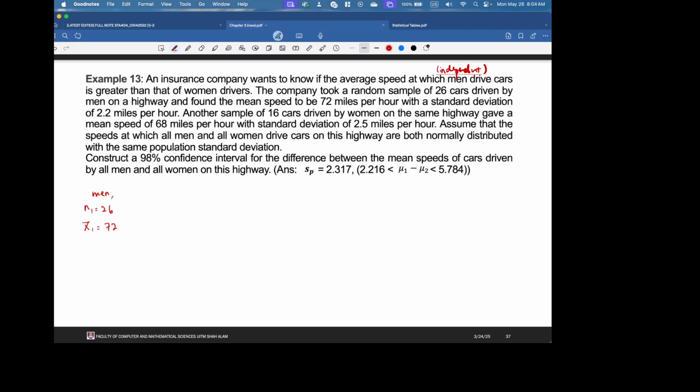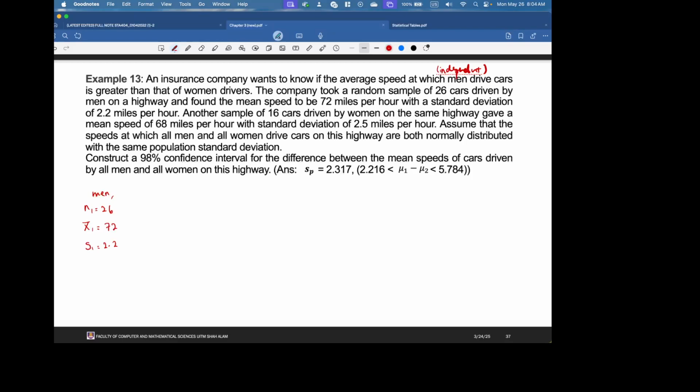How do I know it is x bar 1? Because the information came from the first sample. Based on these 26 drivers, you calculate the average and get 72, with a standard deviation of 2.2 miles. Since this is a sample, you use the S symbol, so S1 equals 2.2.